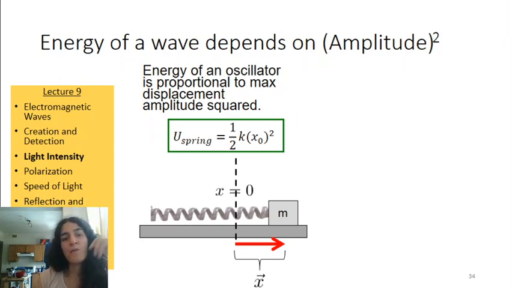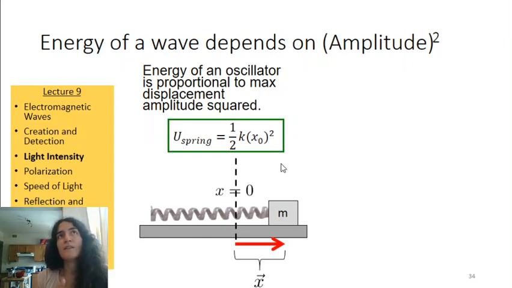Hopefully you remember the formula for the potential energy of a mass on a spring is 1/2 k x squared, where x is the distance from the center, and it's constantly moving either to the left or the right of this equilibrium point. If I wanted to know the total energy of this oscillator, I could wait until it's at its maximum amplitude, demonstrated by this x naught.